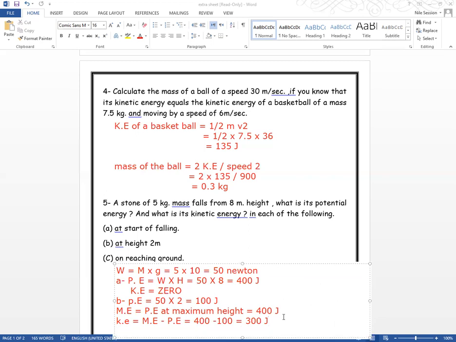Okay, the last one, C. On reaching the ground, the potential energy equals 0.